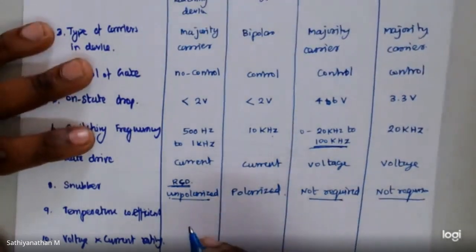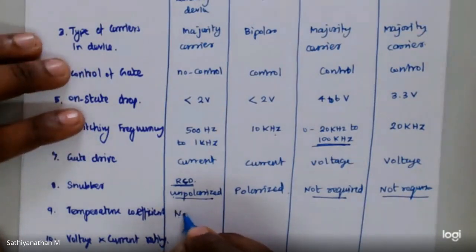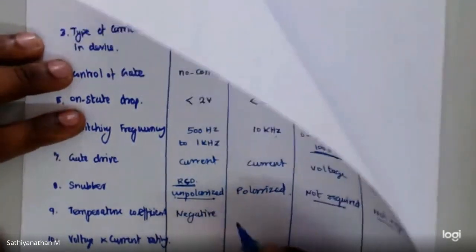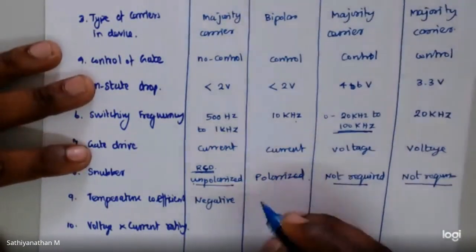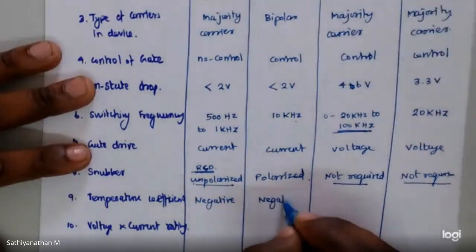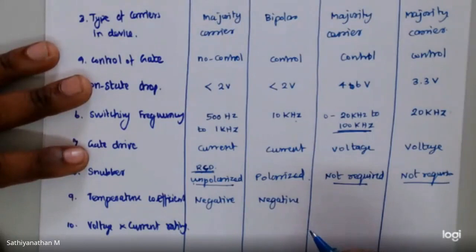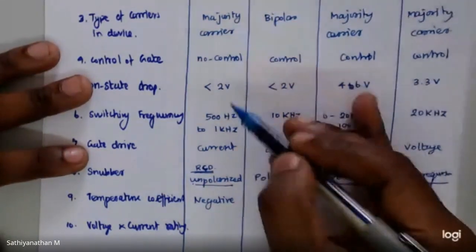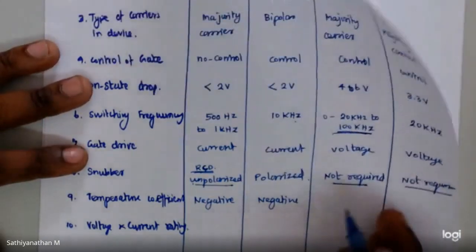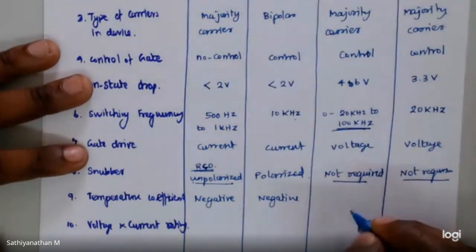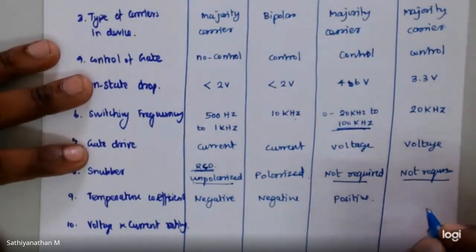Okay, so temperature, if you take the temperature coefficient of all the devices, the devices will be affected by a positive or negative temperature coefficient. So the current or rise in voltage magnitude depends on the temperature. Okay, so SCR and BJT have a negative temperature coefficient, and MOSFET has a positive temperature coefficient.